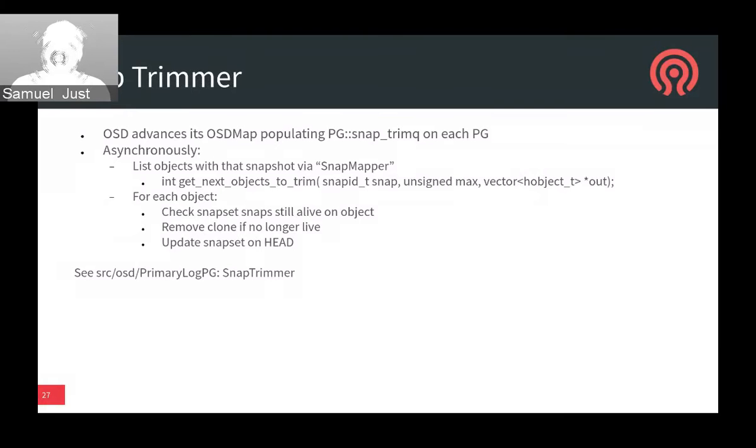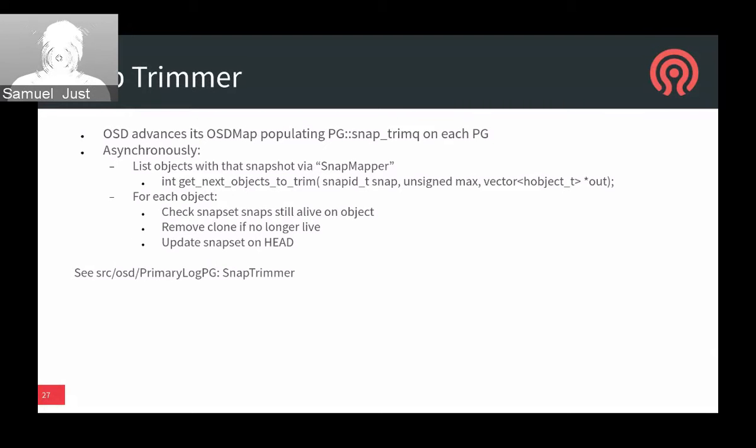As the OSD advances its OSD map, it populates this PG snap trim queue on each PG, and asynchronously, each placement group, as long as the snap trim queue is not empty, will go through each of the objects in the snap mapper via getNextObjects to trim. For each of those objects, it will check to see which snapshots are still alive, because the removal of a snapshot does not necessarily mean the clone gets removed.